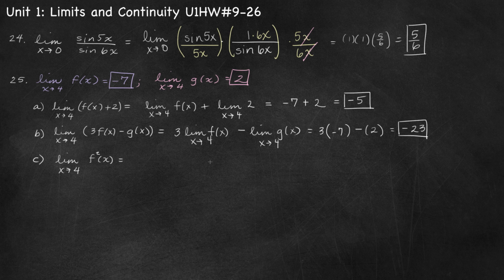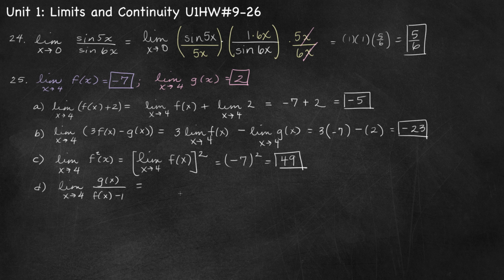Part C, the limit as x approaches 4 of f of x squared. So that's just going to be the limit as x approaches 4 of f of x. We can find that limit and then square that limit. So it'll be -7 squared, which gives us 49.